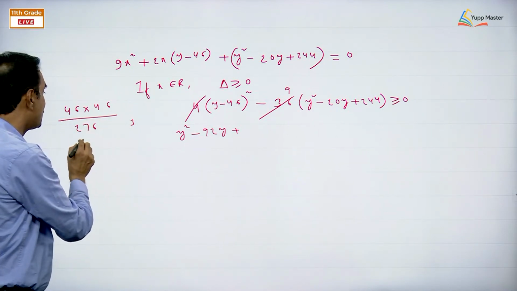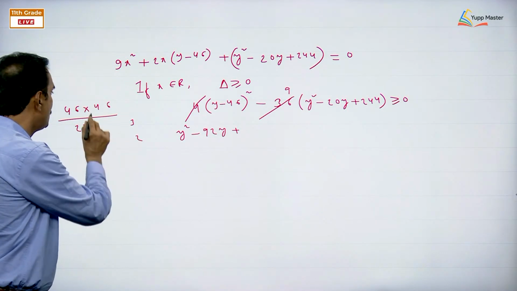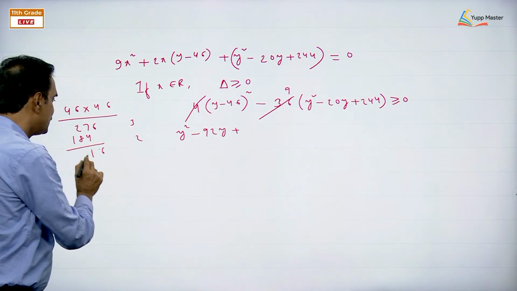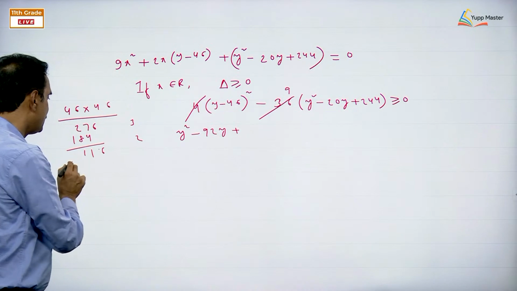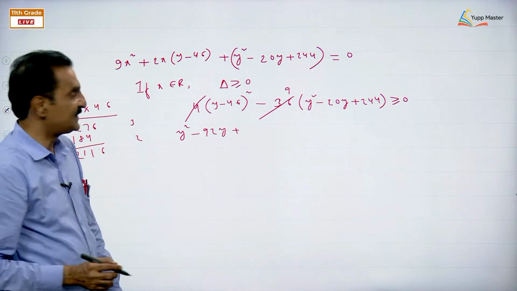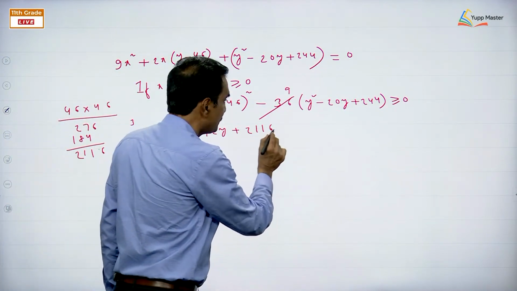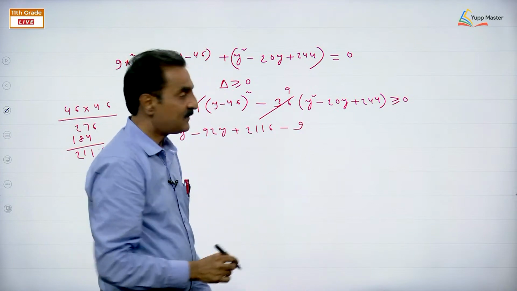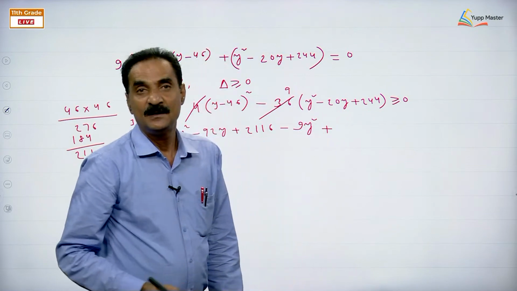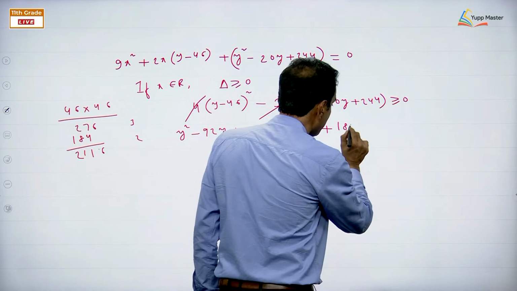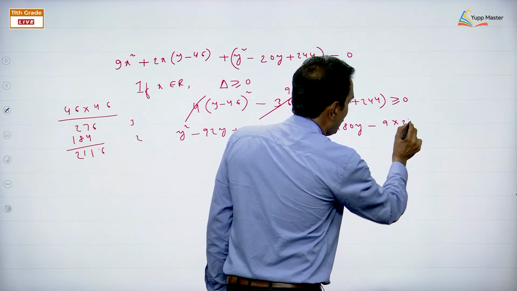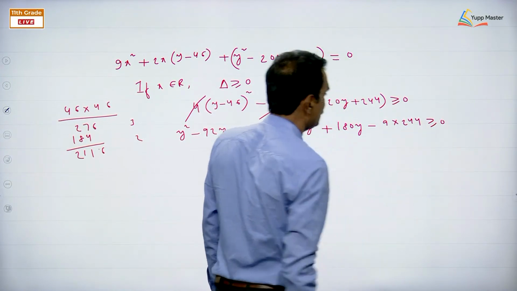Now 4 6s are 24, 4 4s are 16 plus 2 is 18. You are getting 2116, minus 9y square plus 9 into 20, 180y, minus 9 into 244 greater than or equal to 0.